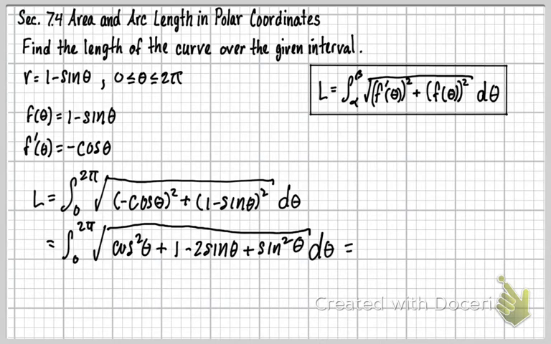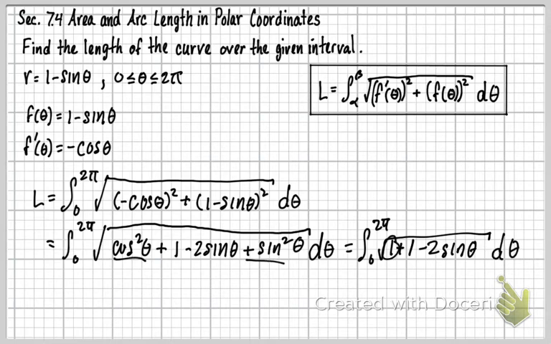Now, if you notice, this simplifies quite a bit here, because that sine squared theta and cosine squared theta, when I add those together, because there's a plus for both of those, that's going to give me 1. So this integral from 0 to 2 pi is actually 1 plus 1 minus 2 sine theta d theta. I just want to show you that together gets me a 1 here, and then I still have this 1 here.